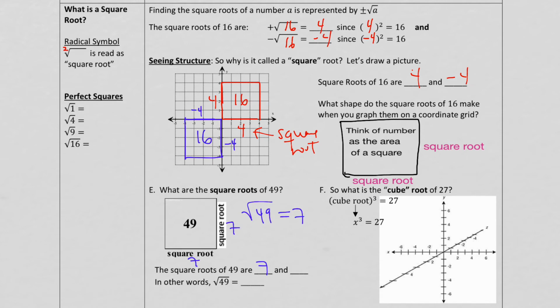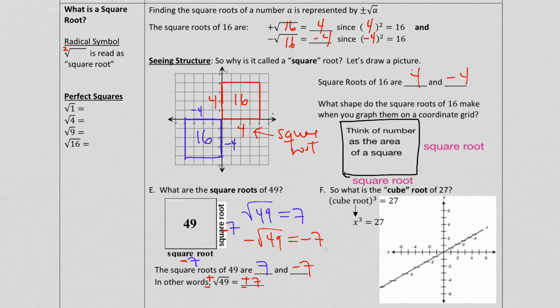But I can also equally look at this from the negative direction, which would be negative 7 and negative 7, because that still multiplies to make a positive 49. So in this case, the two different square roots of 49 will be 7 and negative 7. Now, for this example, guys, this should be a plus or minus. So here I get plus or minus 7.